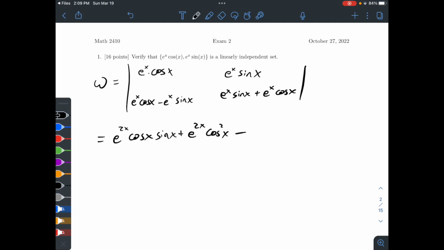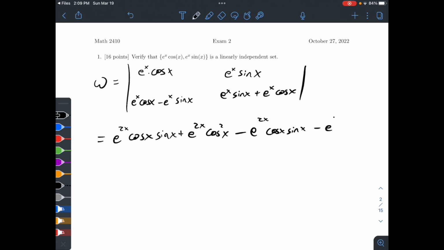All right, and now we subtract this times this. So that's going to be e to the 2x times sine x cosine x. I'll just write it cosine times sine, just so it matches the other term in the beginning, because we're going to cancel those terms in a bit. And then e to the x times negative e to the x sine x.